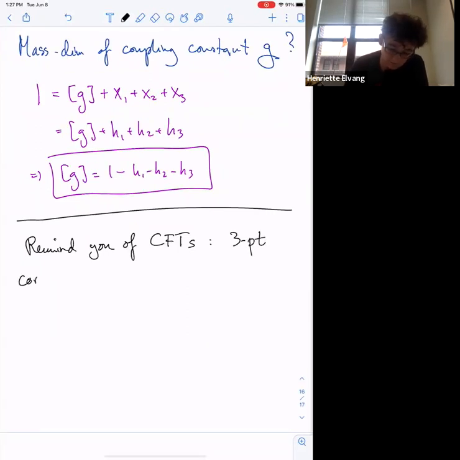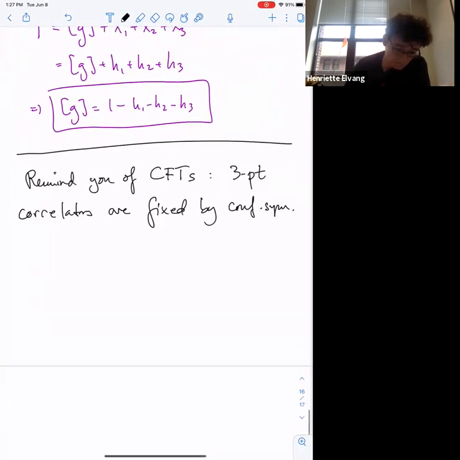3-point correlators are fixed by conformal symmetry up to an overall constant.